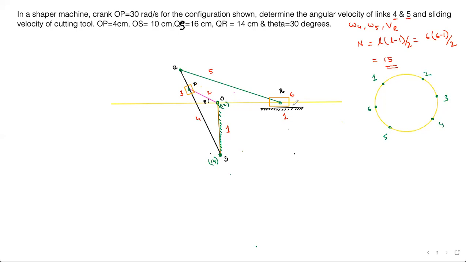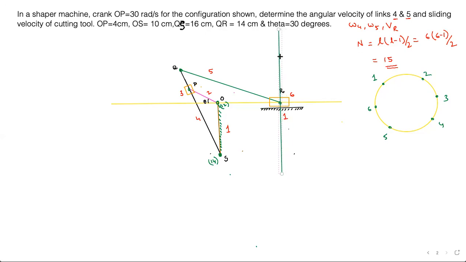And 6 with respect to 1 is a sliding pair, right? 6 with respect to 1 is not rotating. So we know that if something is sliding, perpendicular to that motion, it means perpendicular to our horizontal, we are going to draw a line.